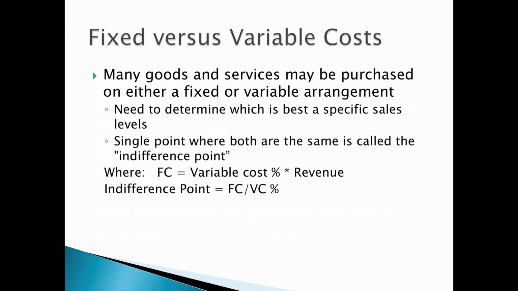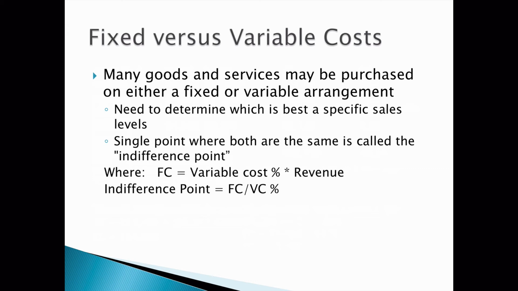Okay, so then we have fixed versus variable costs. There are a lot of situations where we can either purchase a fixed cost or do a variable arrangement. One example is rent. A lot of times you're going to pay a fixed rent of say $5,000, or you could pay 5% of revenue. So we need to determine which one we would choose based on our sales projections.